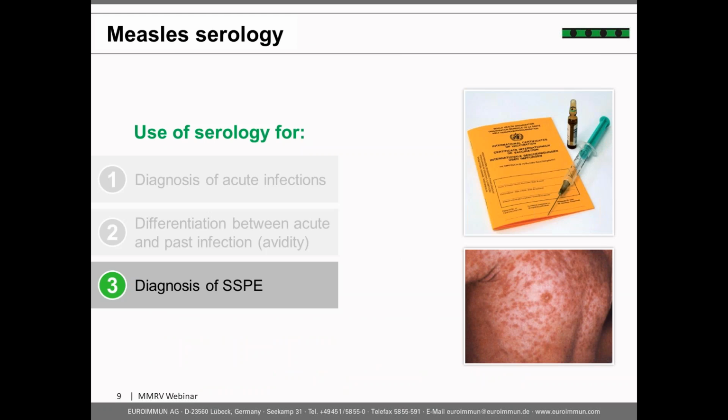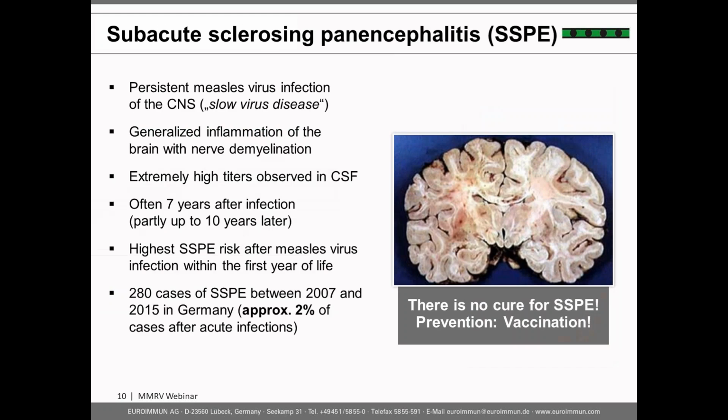Another aspect that I think is worthwhile talking about is a potential link between past measles infections and the neurological manifestation referred to as subacute sclerosing panencephalitis, which is a generalized inflammation of the brain with severe nerve demyelination.